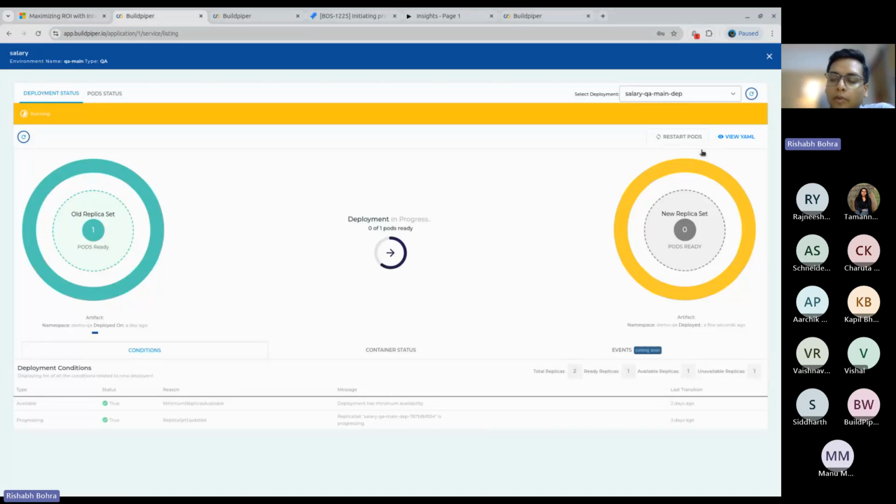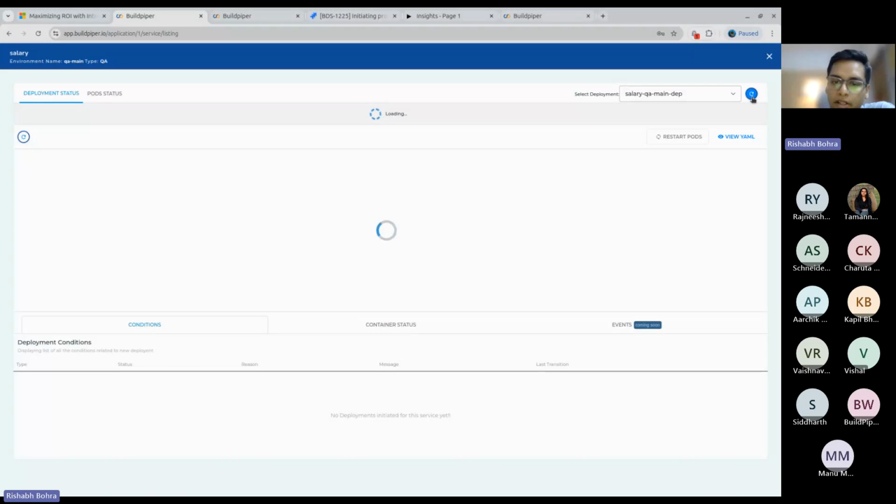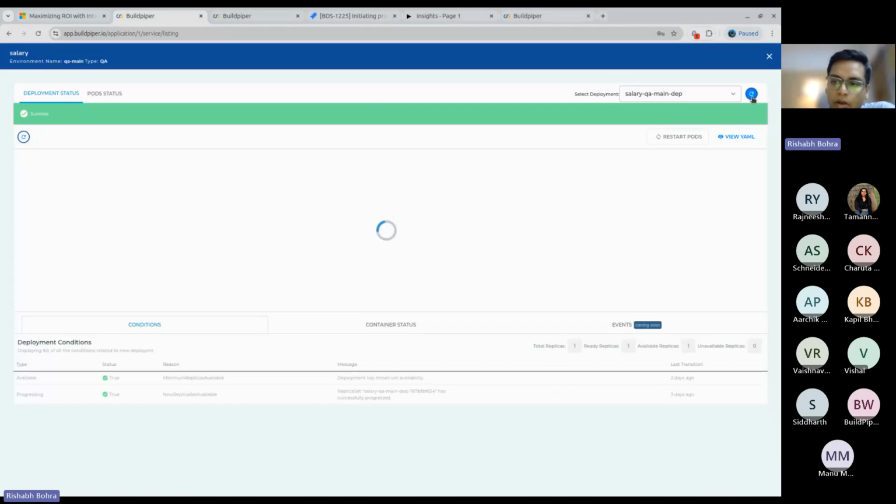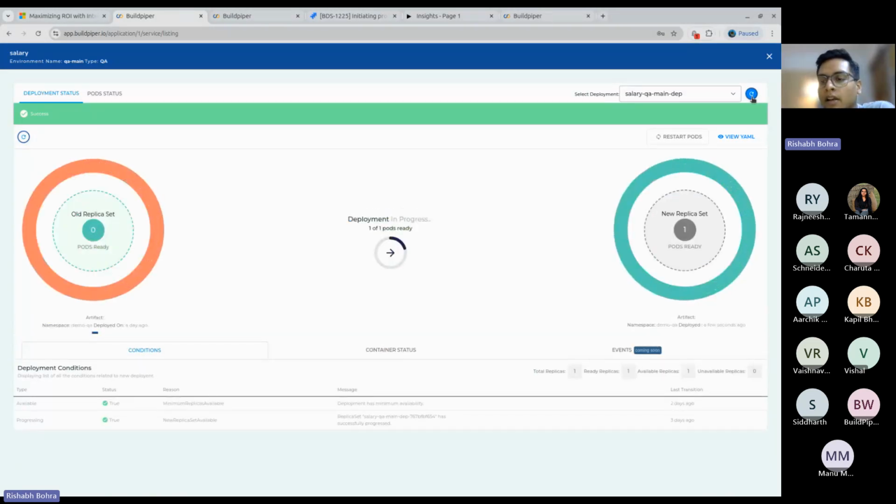Here, we are trying to deploy this service on a Kubernetes cluster. And in this case also, we have a complete understanding and the live feed of the deployment progress that is happening. So you have the last mile assurance and validation in terms of the deployment that is progressing.